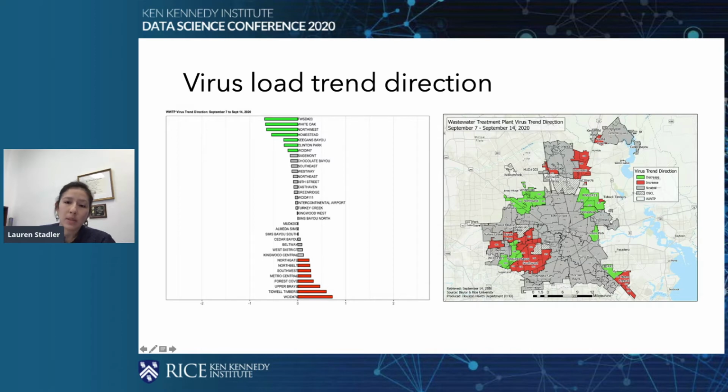The gray bars mean there's no statistically significant change in the viral load from week to week. And the red bars indicate there's a statistically significant increase in viral load. This information is displayed spatially on the map on the right. And now the health department can use this trend information, in addition to the magnitude of the viral load, to make decisions about where to allocate healthcare resources.